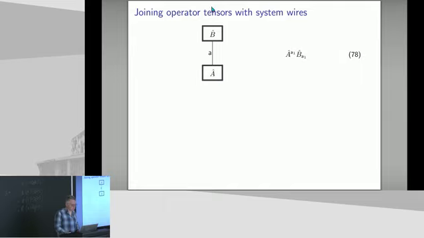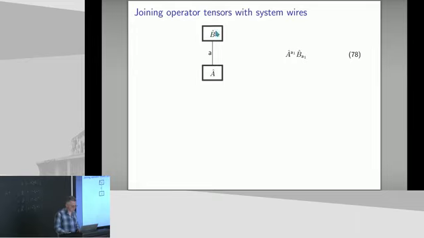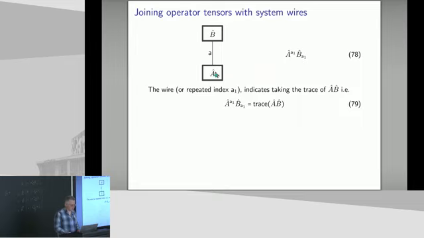So here is a very simple circuit where I have some Hermitian operator, a wire going up, and another Hermitian operator. You can represent that symbolically by this, so you have a repeated index. And what I mean by having this wire, or this repeated index, is that we're taking the trace. So this circuit here is just equal to the trace of those two operators.